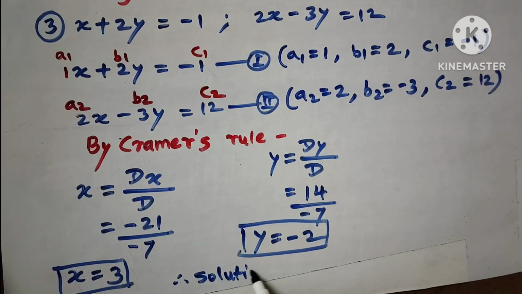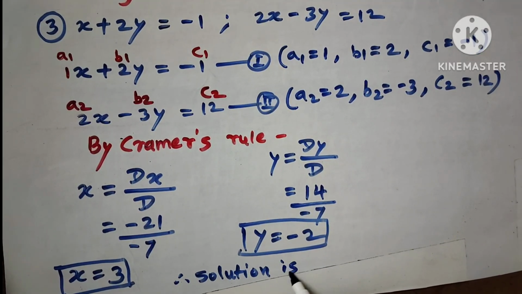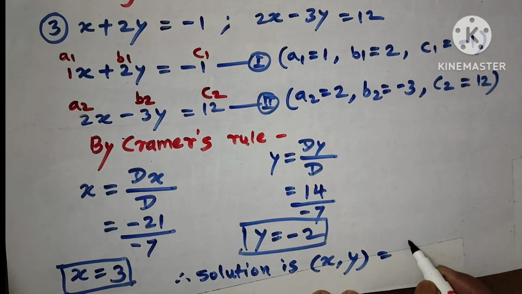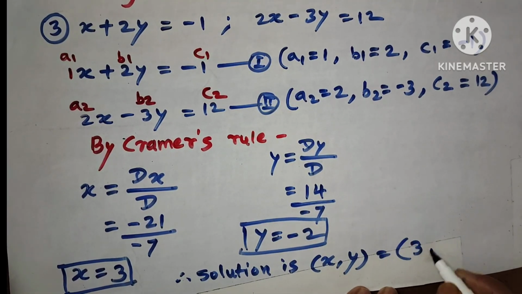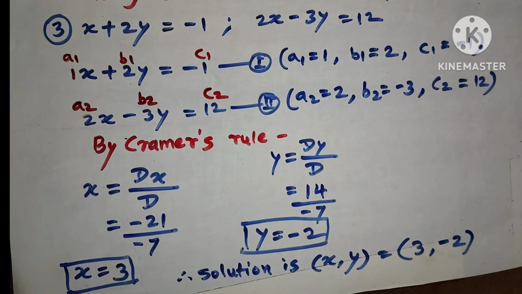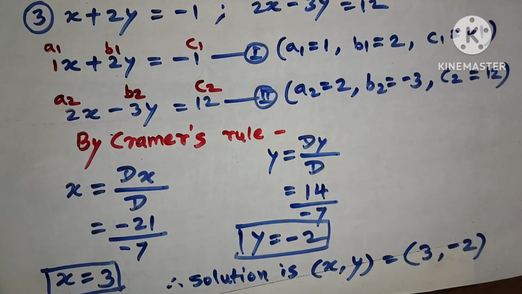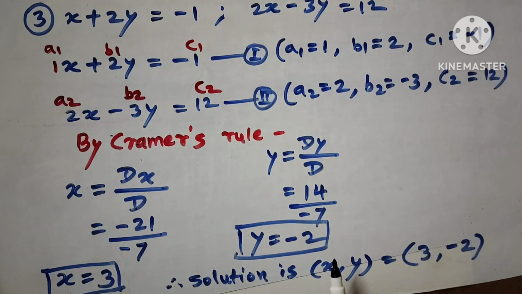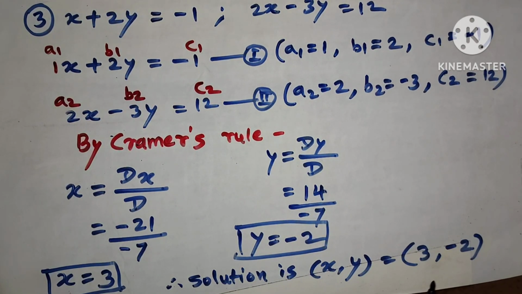So (x, y) is equal to (3, -2). x is equal to 3 and y is equal to -2 is the solution of the given equations.